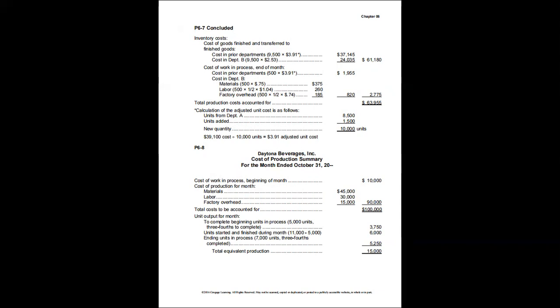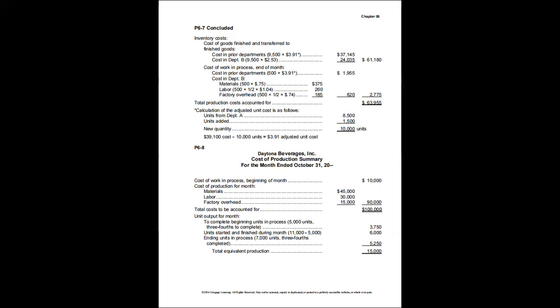And now the cost of the work in process at the end of the month, we have now the cost in prior department of 500 times 3.91. 3.91 is taken by dividing the cost of 39,100, and we divide it by the 10,000 units.